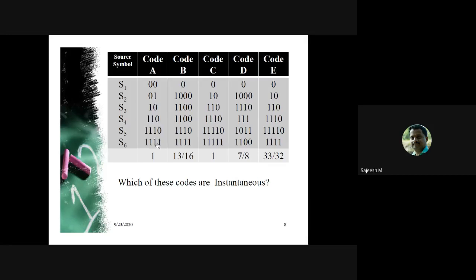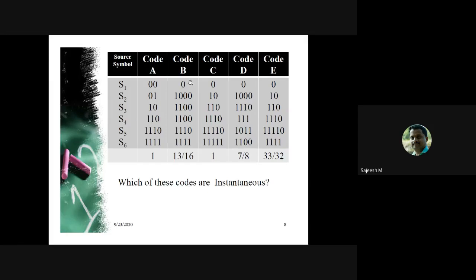For this particular code A, we are calculating the Kraft inequality value. We get 1 as the value.